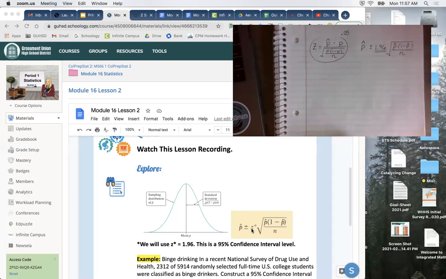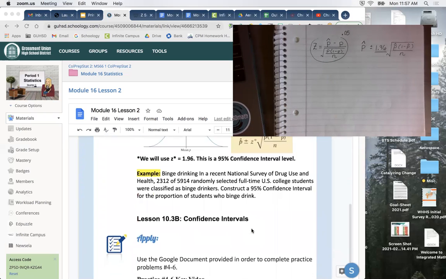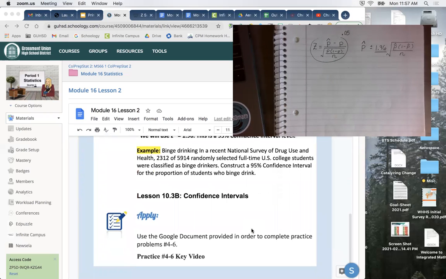So let's get on to an example so we can see what this means. So, binge drinking. In a recent national survey of drug use and health, 2,312 of 5,914 randomly selected full-time U.S. college students were classified as binge drinkers.